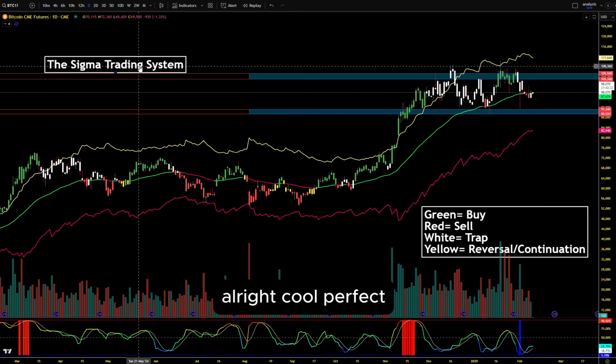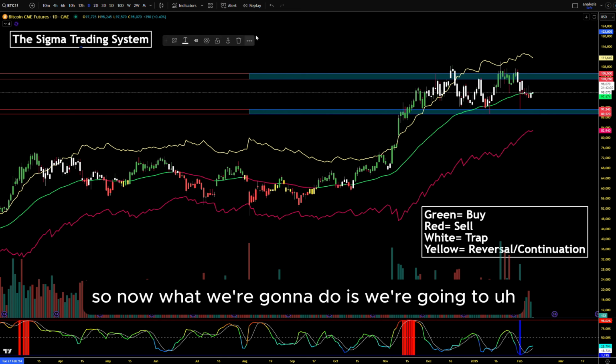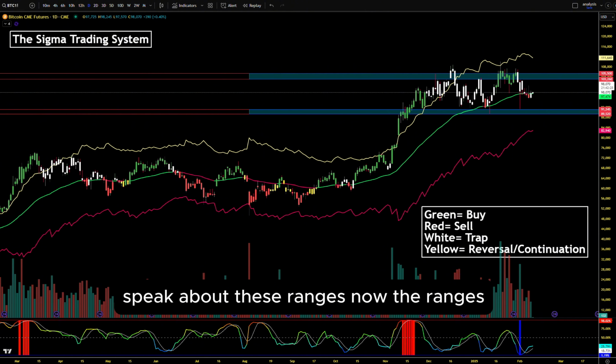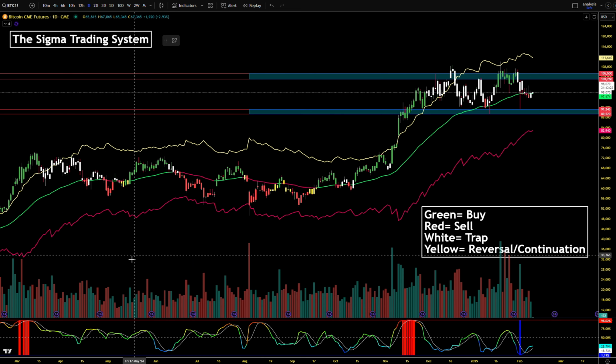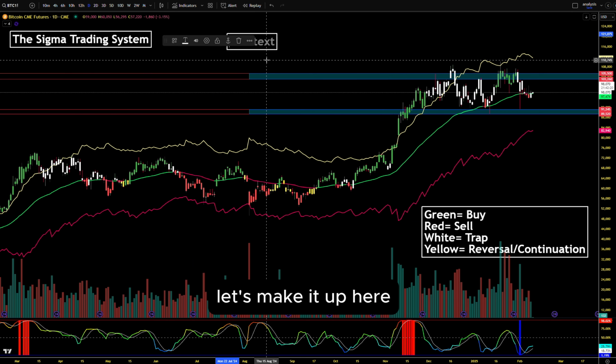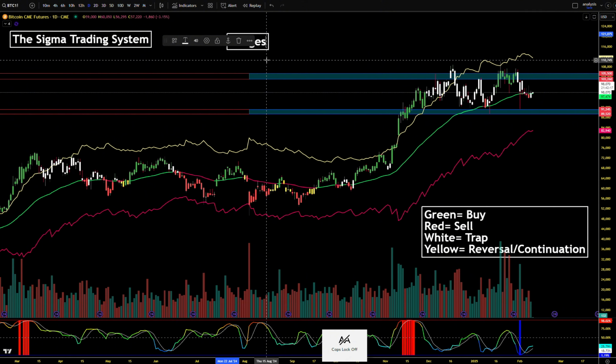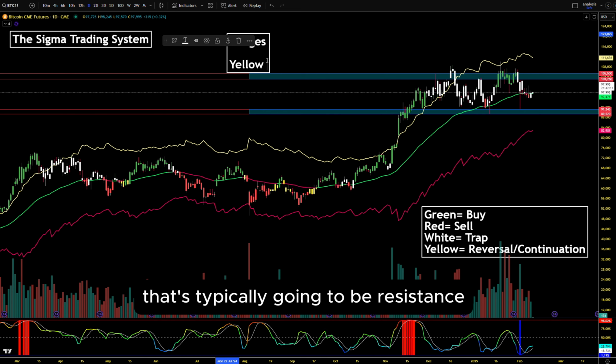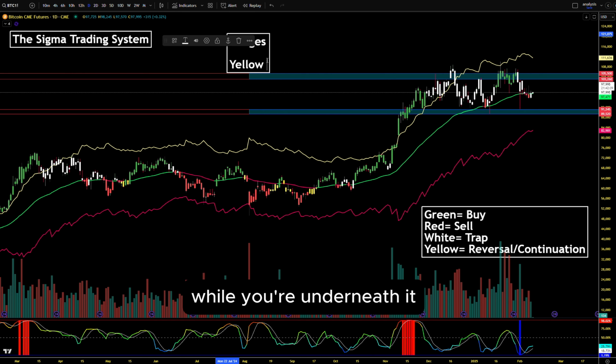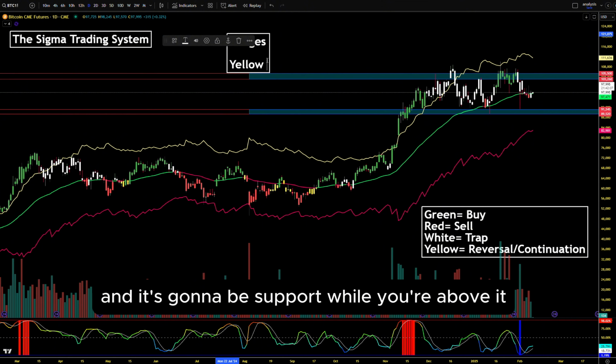All right, cool. Now we're going to speak about these ranges. Let's type that out too. Ranges. You're going to see a yellow one. That's typically going to be resistance while you're underneath it, and it's going to be support while you're above it.